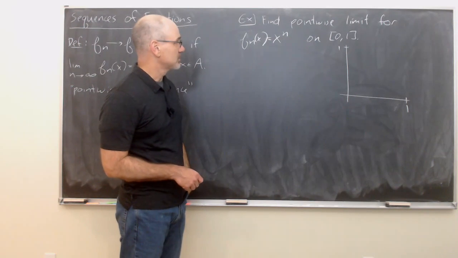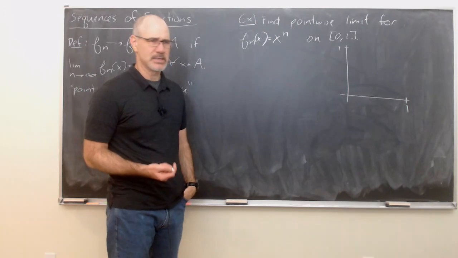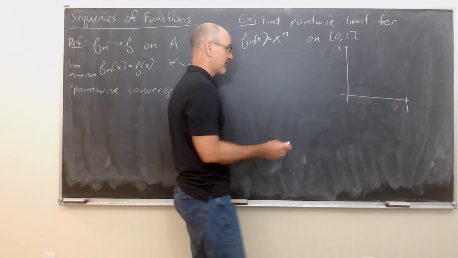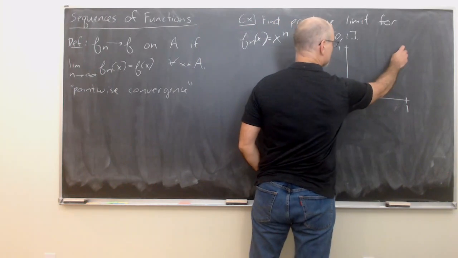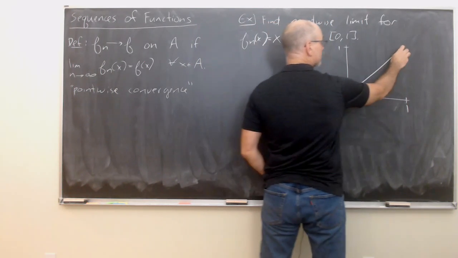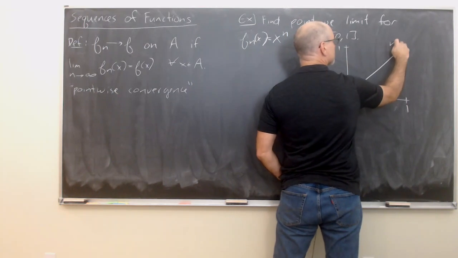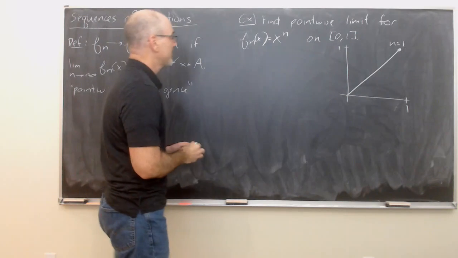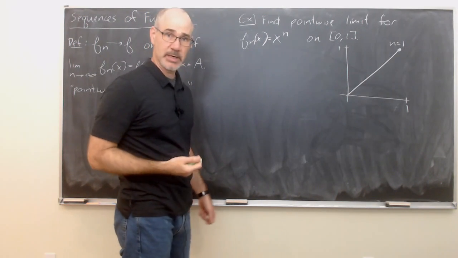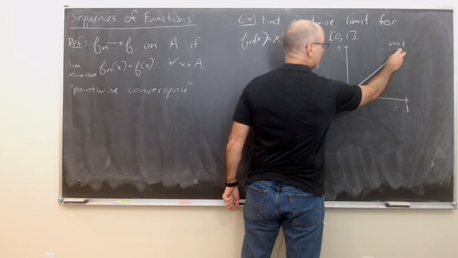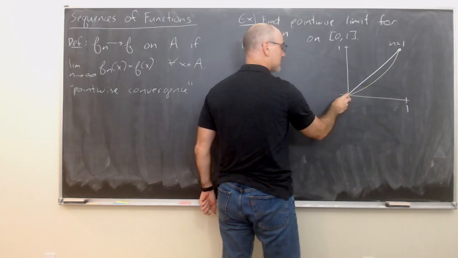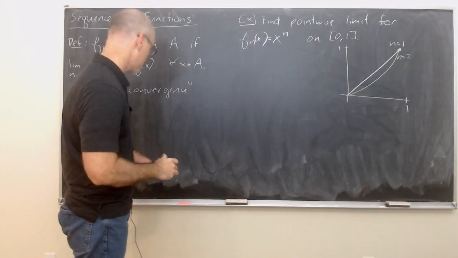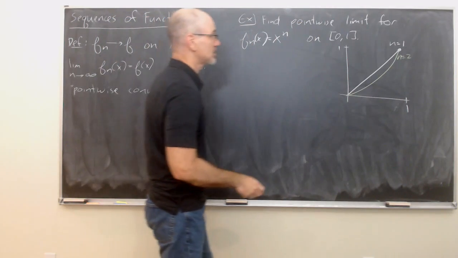So the first thing I'm going to do is graph a few of them to see if we can get an idea of what's happening. So as I mentioned, if n is 1, then we get fn of x equals x. And that's just the straight line. So here's n equals 1. If n was 2, then f sub 2 of x would be x squared. So that would look something like this on the interval. N equals 3 would be x cubed.